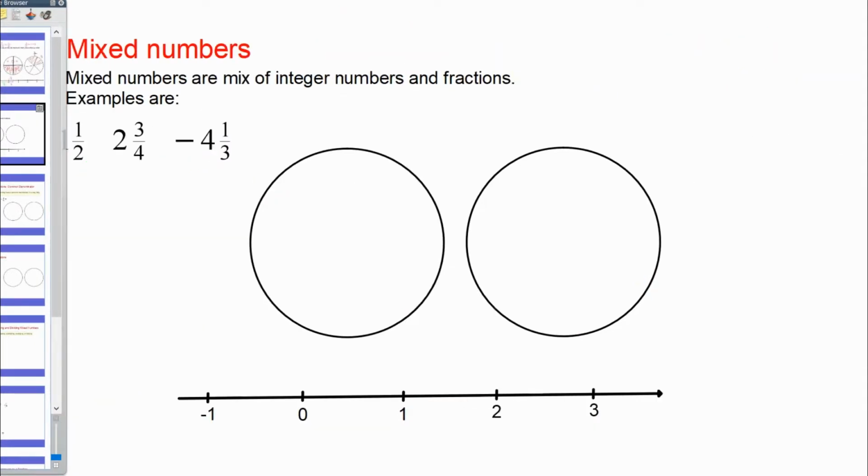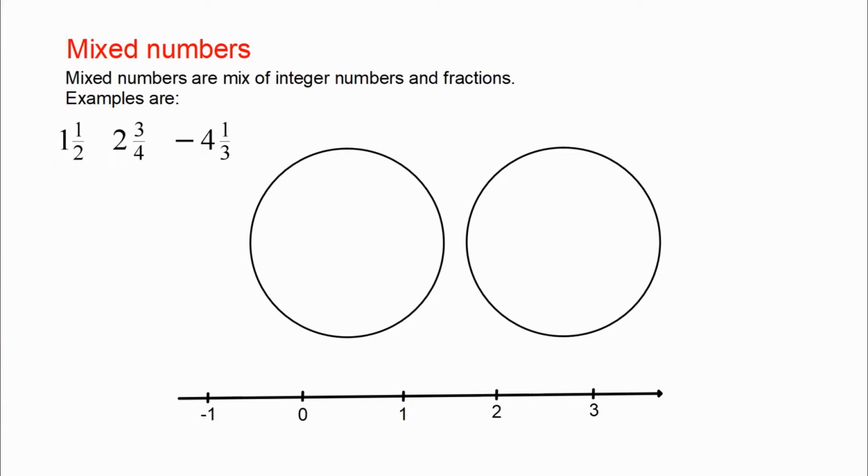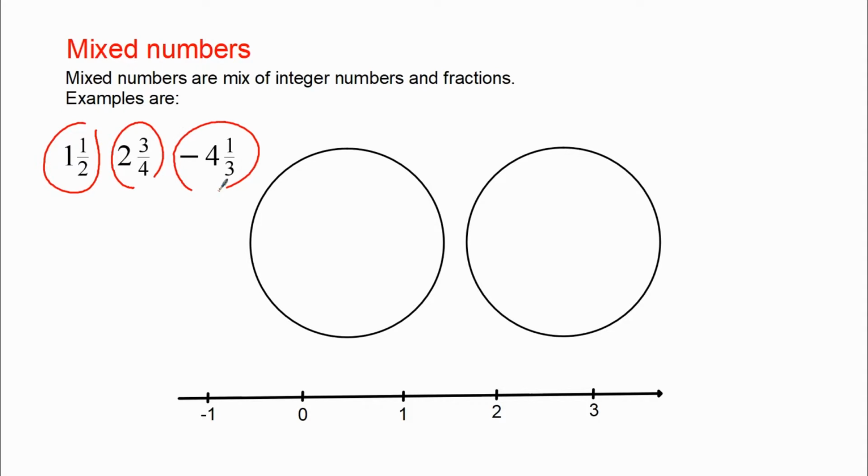Okay, on this page we're looking at mixed numbers, and what we mean by mixed numbers is a mixture of integers and fractions. I have put some mixed numbers in here: 1 and 1 over 2, 2 and 3 over 4, and minus 4 and 1 over 3.